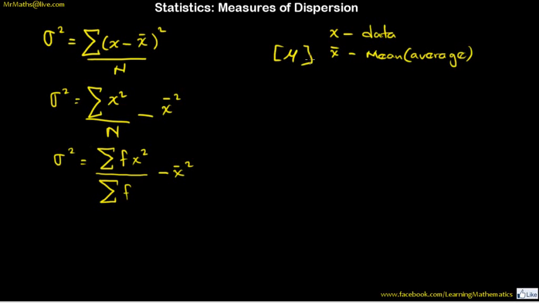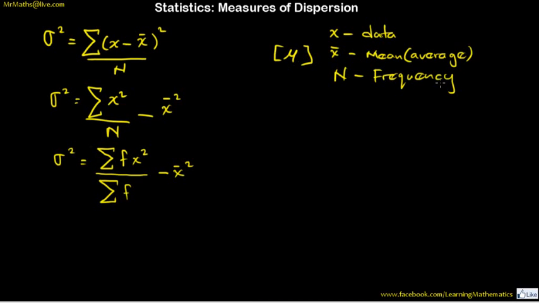In case the symbol is used differently at your school: in Malaysia, for example, x bar denotes mean, while some other places denote it by mu. And n is the frequency, the total frequency.